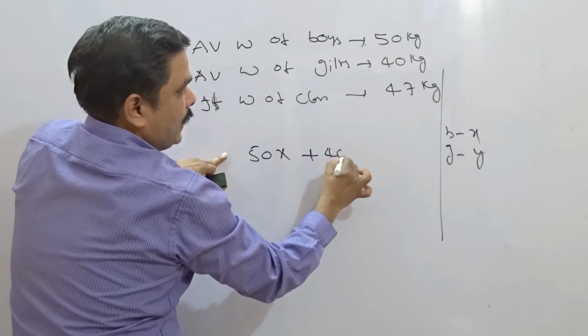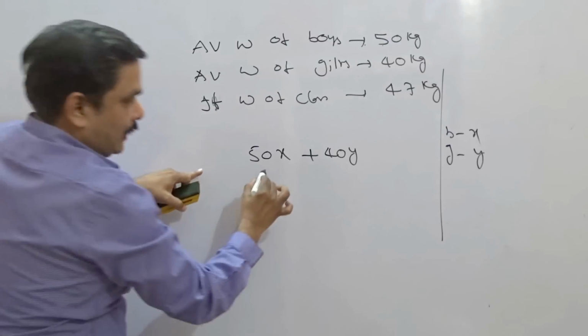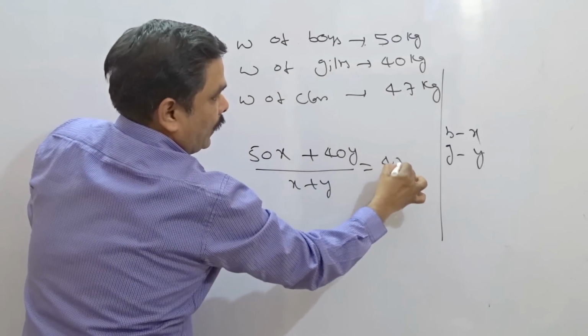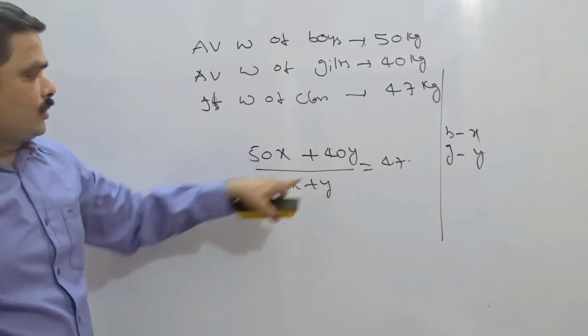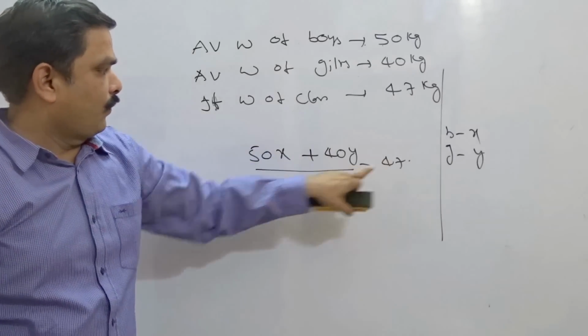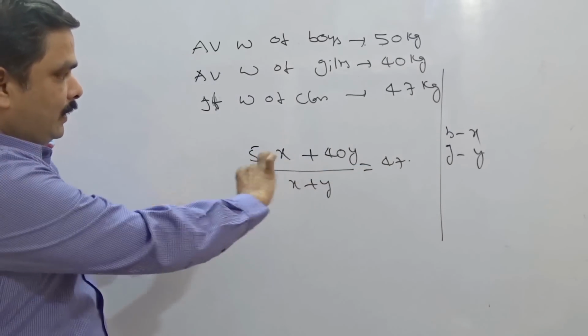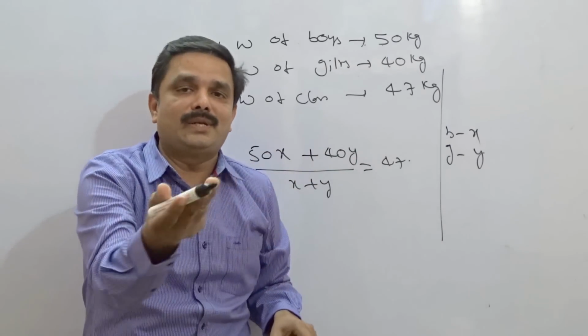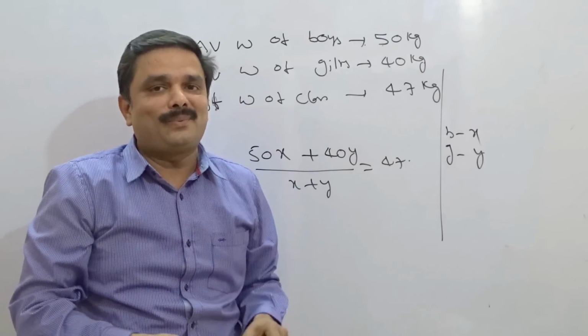Then 40 into y for girls, divided by x plus y, is equal to 47. Go with the cross multiplication: 47x and 47y. You will get x by y as 7:3, or 7/3. You can get that, right?